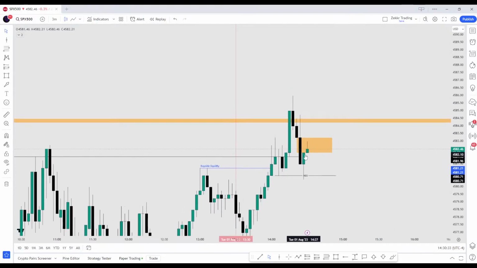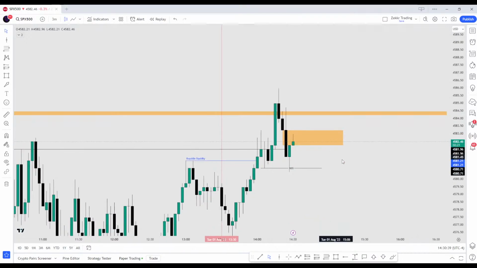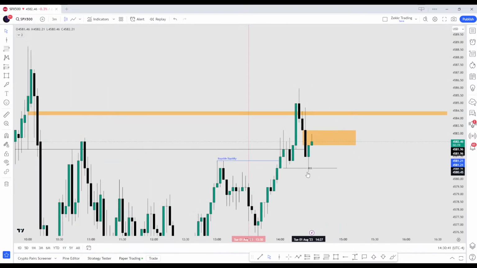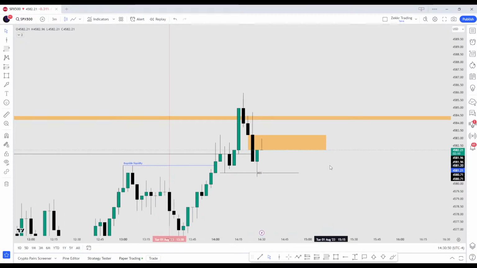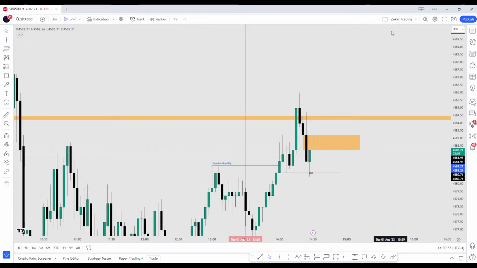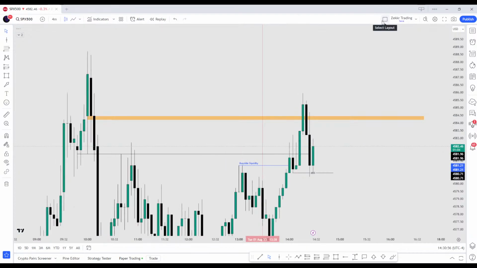First, when this happens, I would like an immediate drop, move away from the fair value gap, and then back to tap in, and that's where I take the entry. So first, we have no displacement. Right here, wicks came down, displaced, not ideal, and second, we close on the fair value gap, which I don't really use for my entries. So I would skip this on 3 minute. On 4 minute, let's see, nothing.